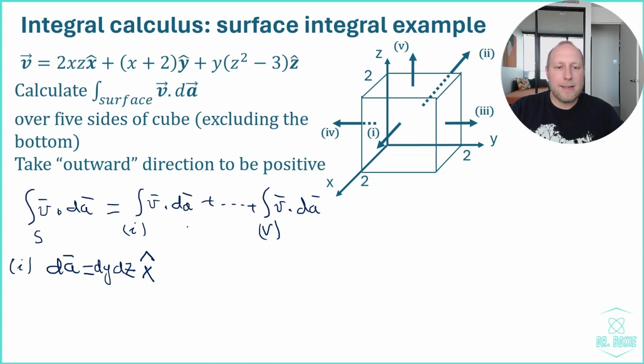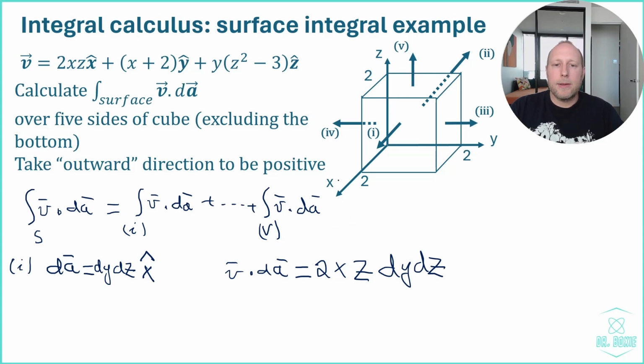So dA is dy dz times x hat, and if we want to calculate v dot dA, what we do normally is multiply their x components plus multiplying their y components plus multiplying their z components, but dA doesn't have a y or a z component. So we're left with the x component of v, which is 2xz, times the x component of dA, which is dy dz. And notice that on the front of the cube, the value of x is a constant value of 2, so we can just plug in 2 for x and we find 4z dy dz.